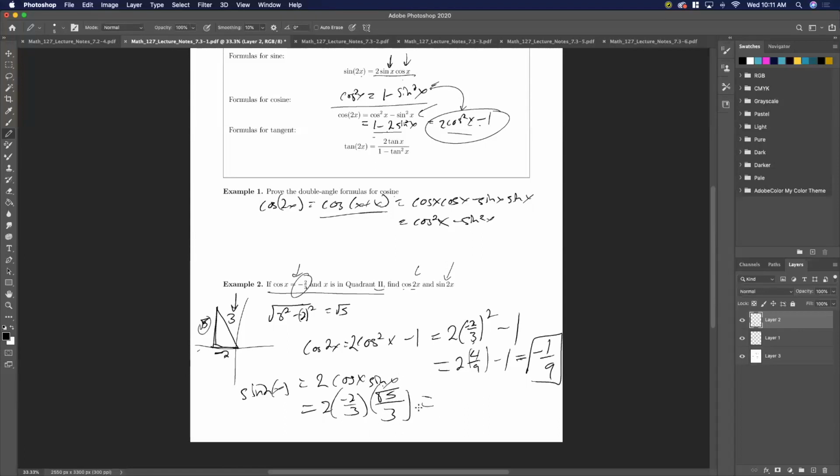And so if I crunch this all together, I'm going to get minus 4 square root 5 over 9. Okay. And so that's how we find these two.